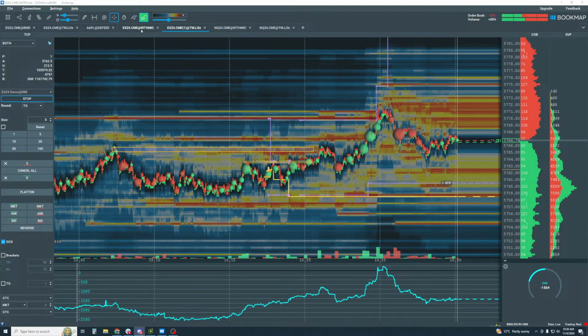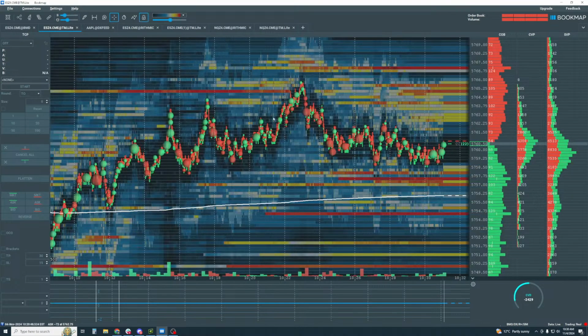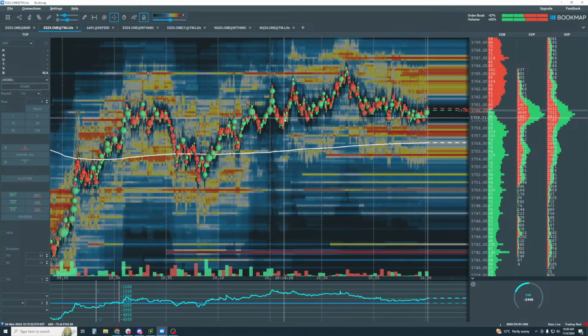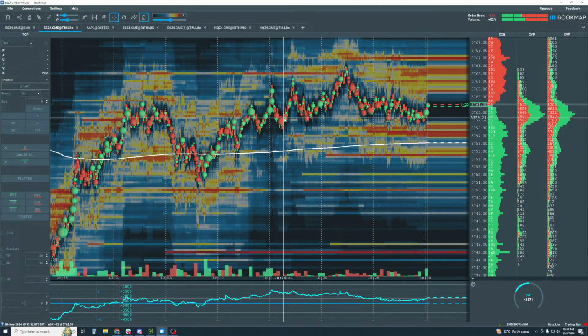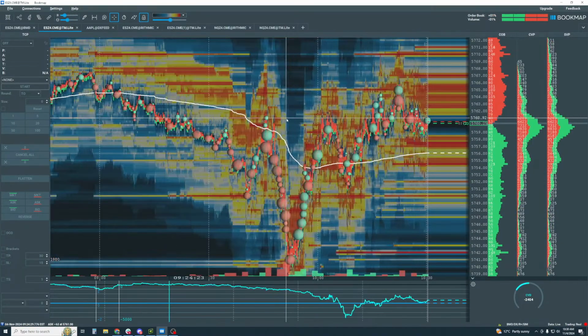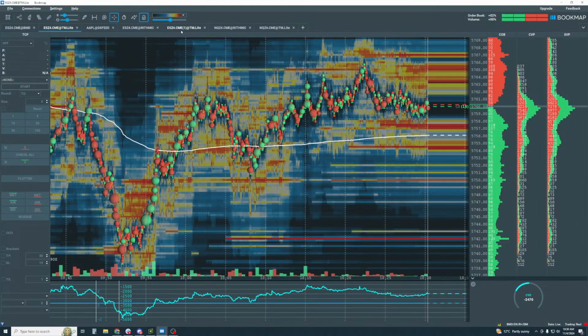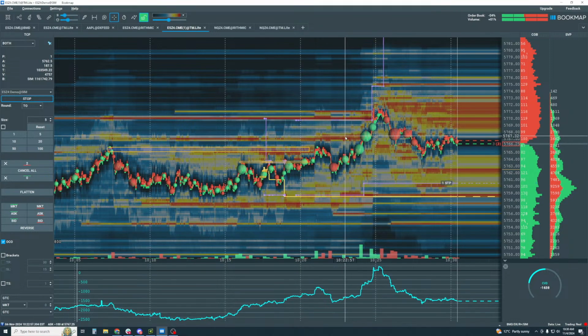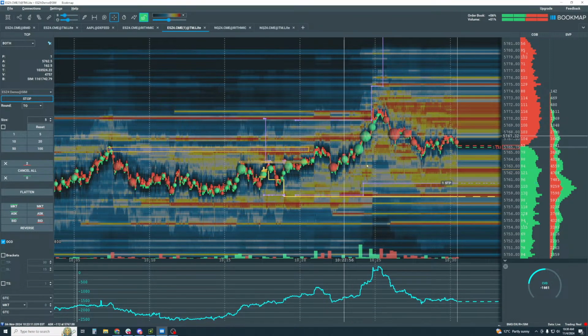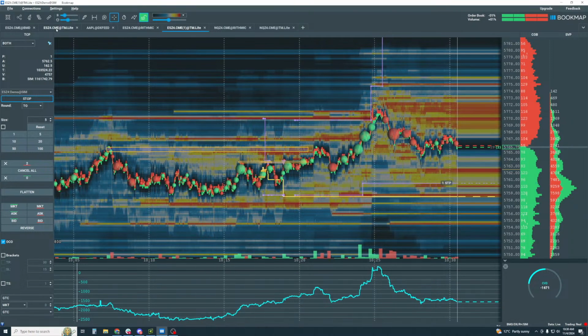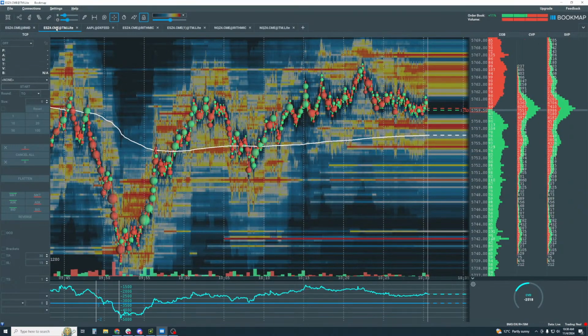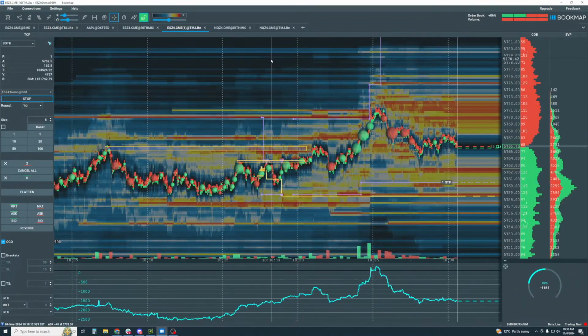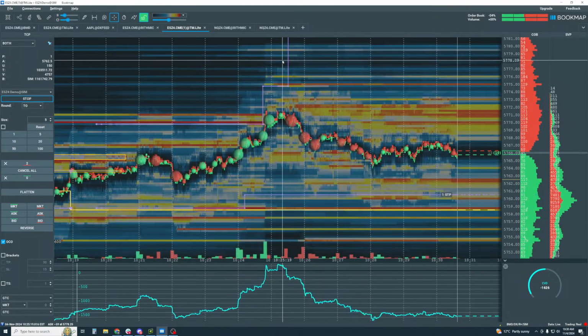So maybe I did trade off of another ES Trader Map Lite. No, I don't think I did. This one's for Bookmap data. This one's for Rhythmic data, I believe. No, this one's Bookmap data. I believe this was Rhythmic data here.